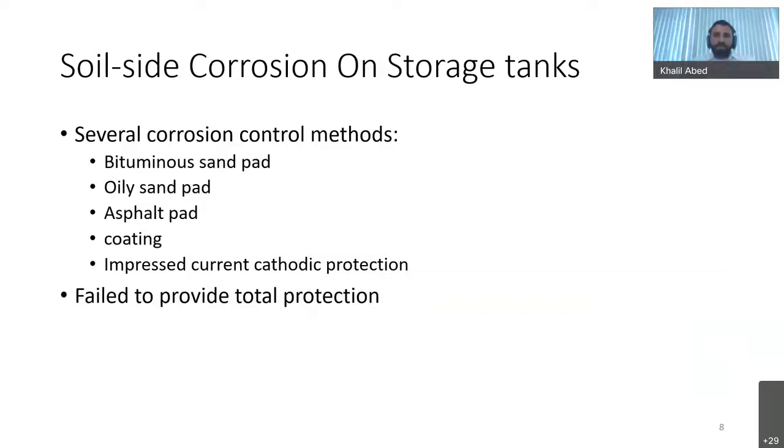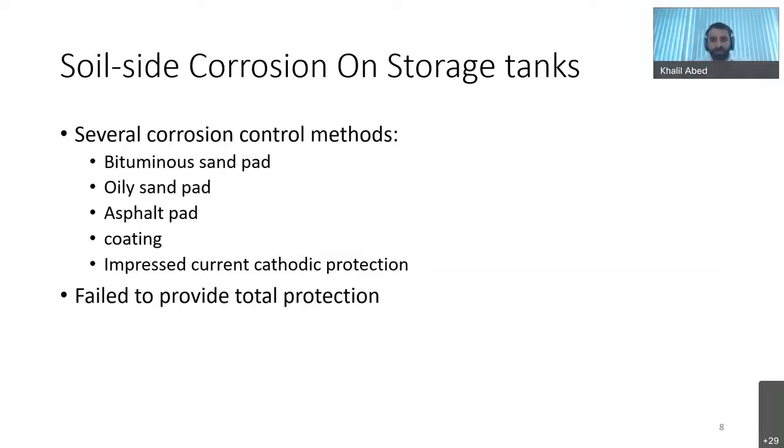There have been several methods adopted to mitigate soil side corrosion on aboveground storage tanks over many years. Some examples are the use of bituminous sand or oily sand layer, impressed current cathodic protection, and coatings also, to minimize and reduce the soil side corrosion.